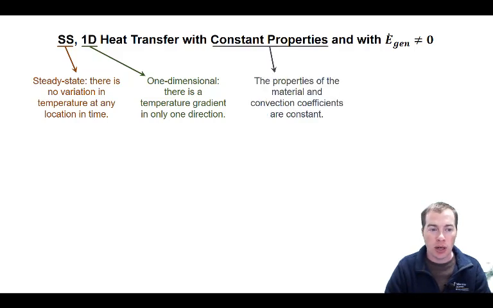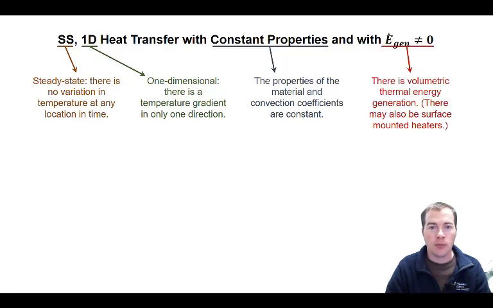When properties are constant, it means that thermal conductivity and the heat transfer coefficients are all taken to be a single value and are not allowed to vary in space, time, or temperature. Finally, when there is thermal energy generation, then the E dot gen term in the heat transfer energy balance equation is no longer zero.